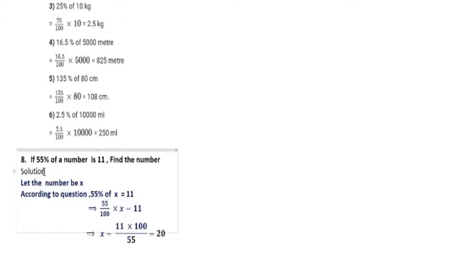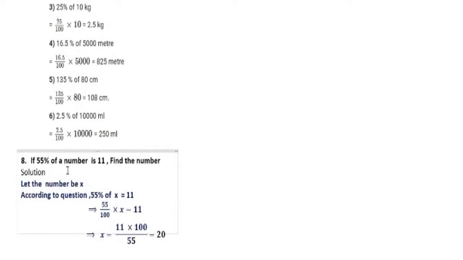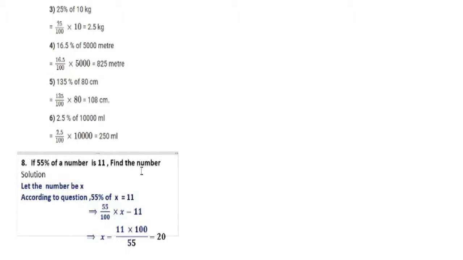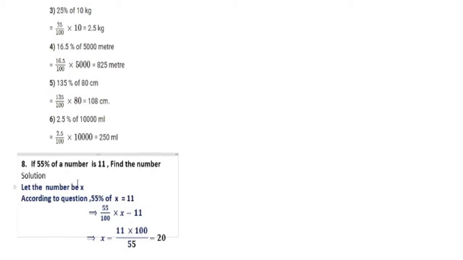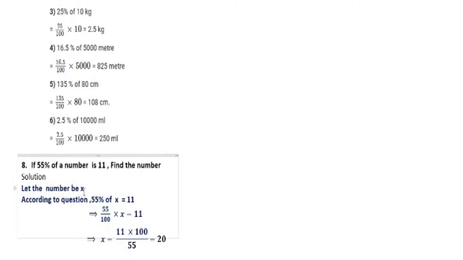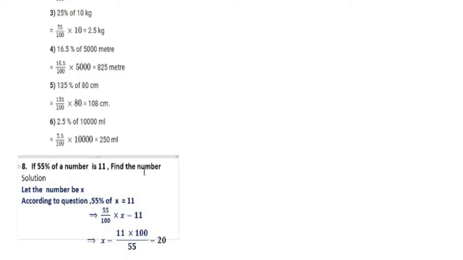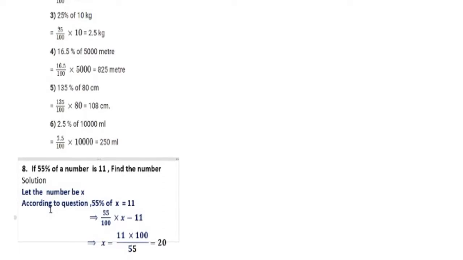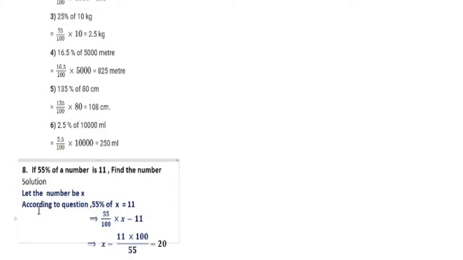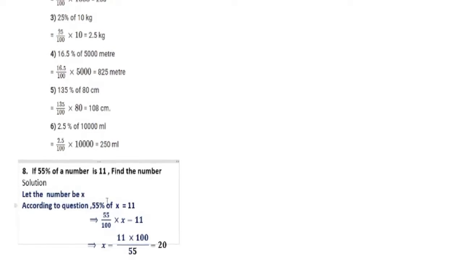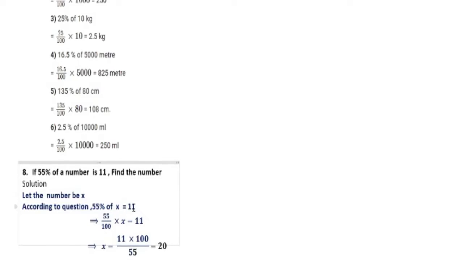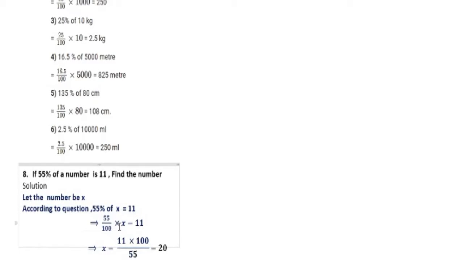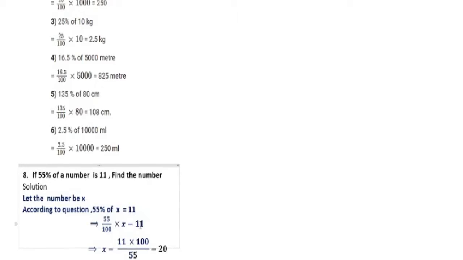Example 8. If 55% of a number is 11, find the number. Here the solution is, let the number be x. We don't know the number, we have to find the number, so consider it as x. Now according to the question, 55% of x equals 11. That means 55 by 100 into x equals 11.